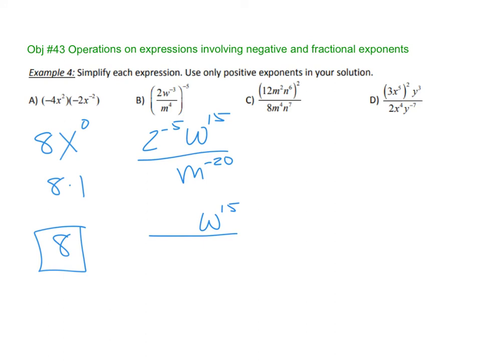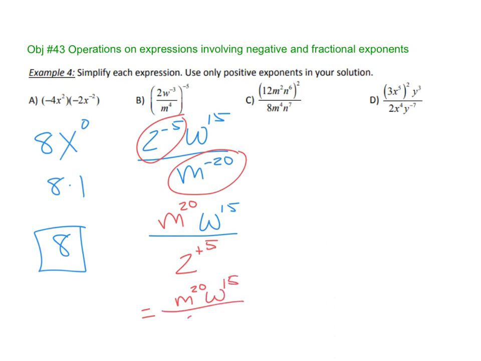The 2 to the -5, it has to jump down. And it becomes positive, 2 to the 5th. And then the m to the -20 jumps up, becomes positive. And then lastly, what's 2 to the 5th? So m to the 20, w to the 15th, over 2 to the 5th is 32. So that's our answer. So don't forget to take the constant numbers to the power also.